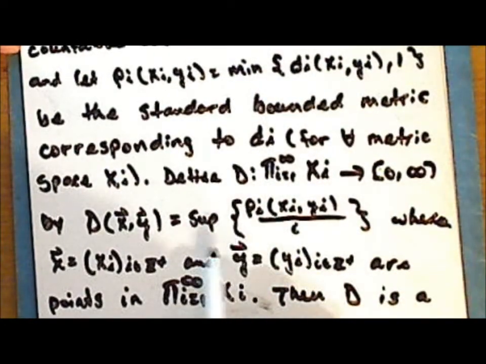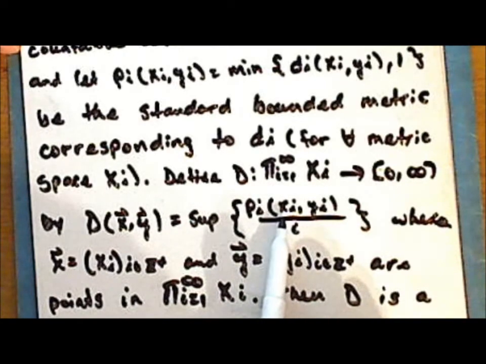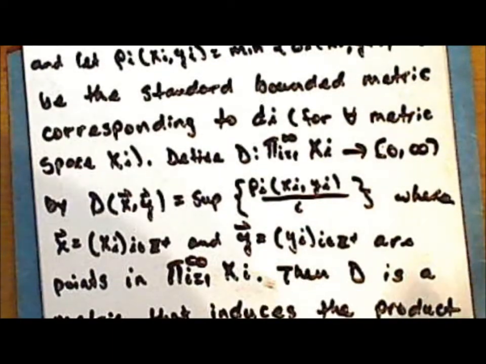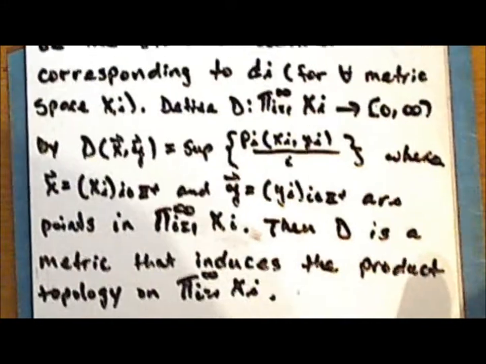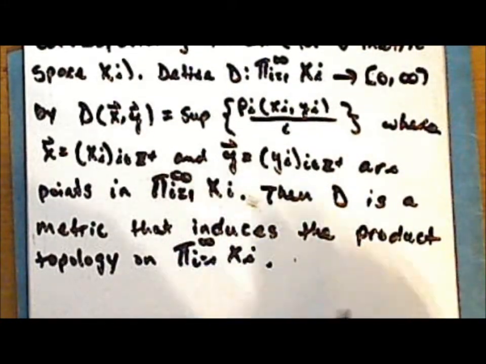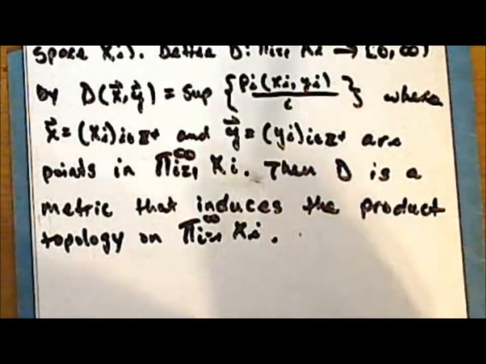The value of this function is the supremum of all the ratios of rho_i, being the distance from x_i to y_i, over i, for any two points in the product space. Then this metric D is in fact a metric that induces the product topology on the product space.